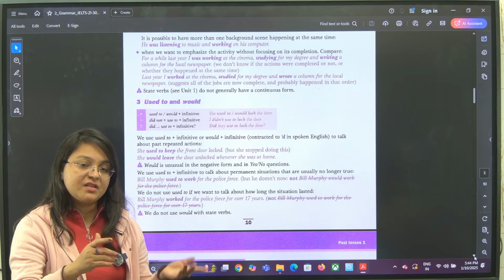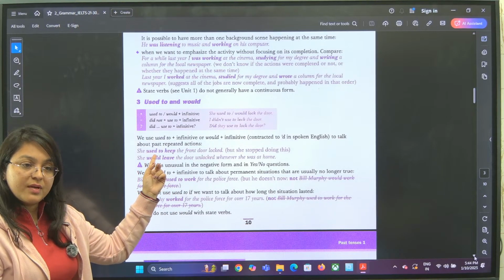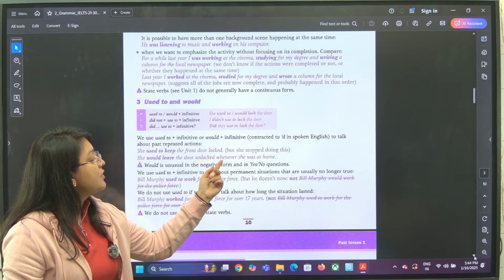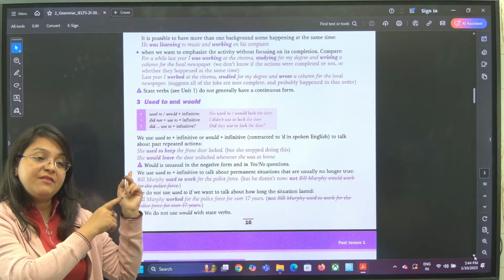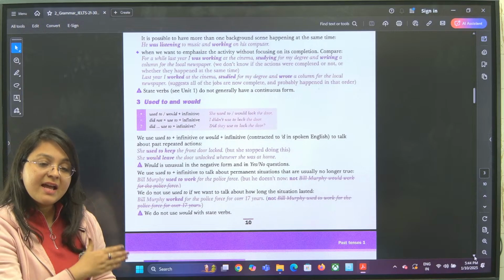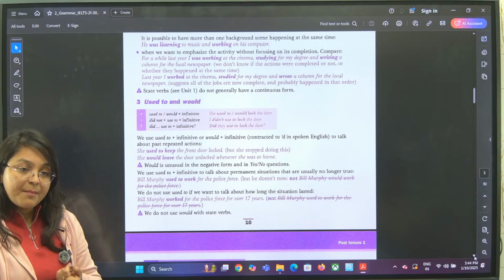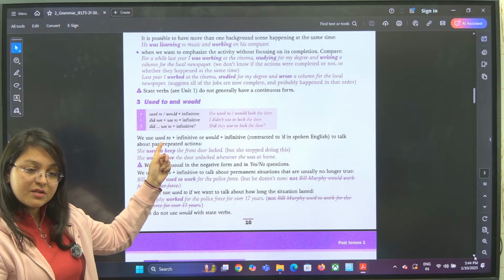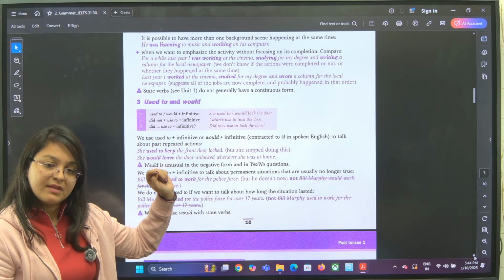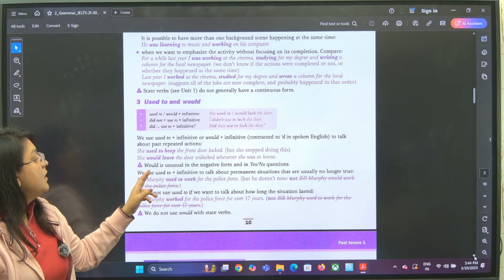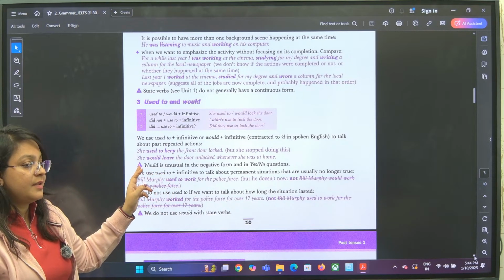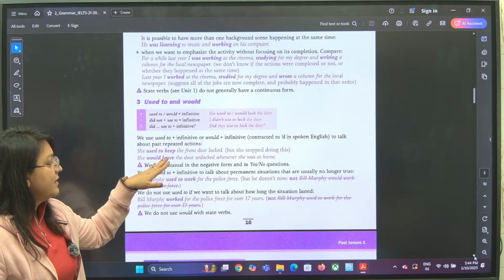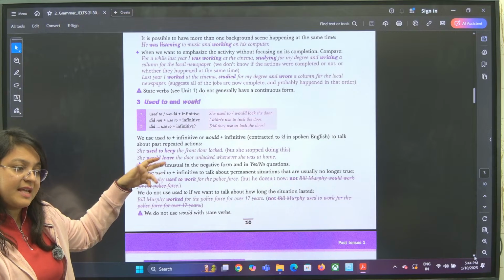It was a repeated action. So, for that, used to is used here, right? She would leave the door unlocked when she was at home. She would leave. Again, it was her habit. Okay. So, habitual actions, repeated actions can be described with used to or would. Clear? So how do we classify when we need to use used to or would? It's fine. Either of these can be used.